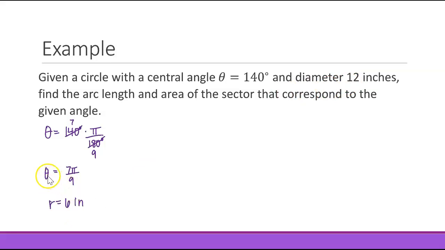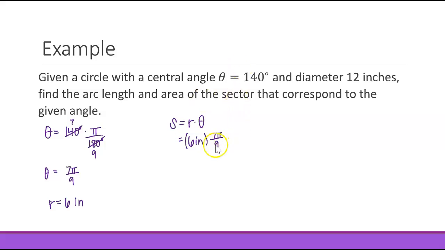So if I have the angle in radians and the radius, I can find the arc length and the area of the sector using my formulas. So S was equal to R times theta. My radius is 6, and I'm going to put the units too, 6 inches. And then my theta is 7 pi over 9.